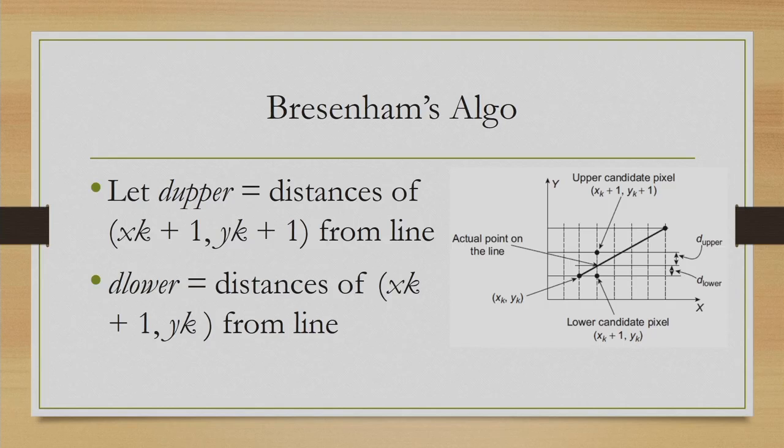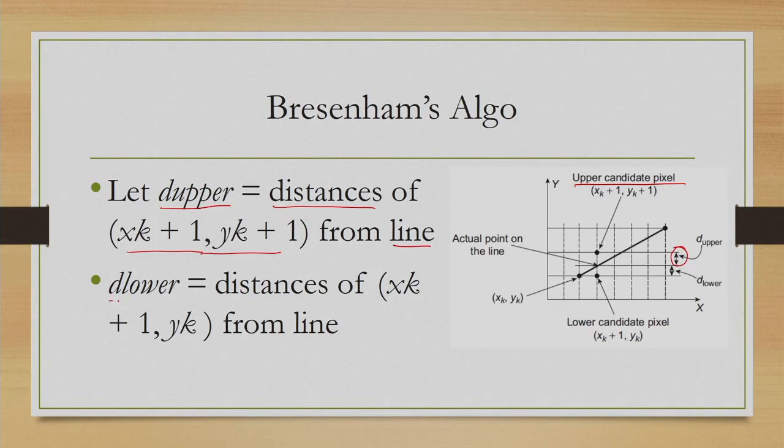Let us denote by d upper the distance of the pixel x k plus 1, y k plus 1, that is the upper candidate pixel, from the line as shown here.